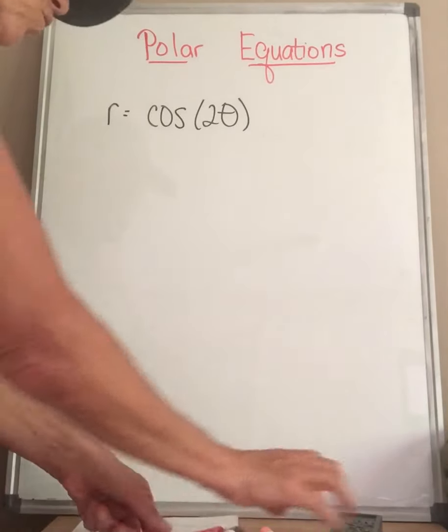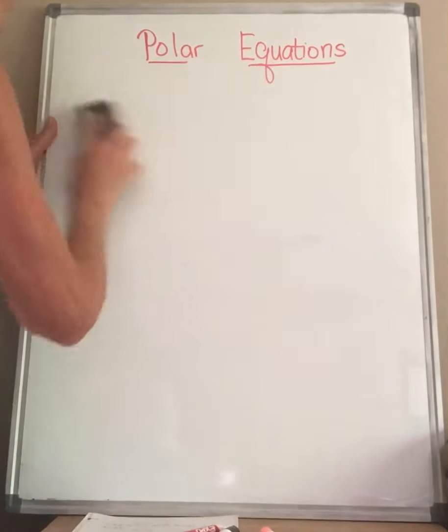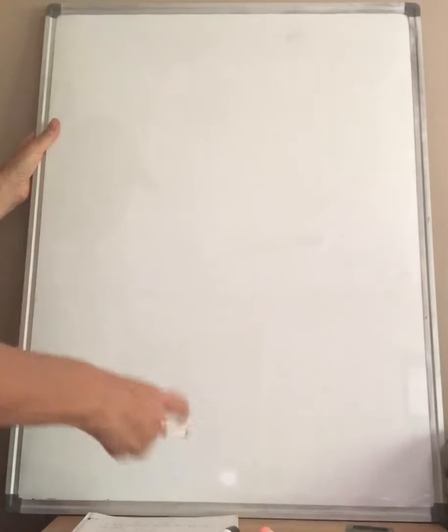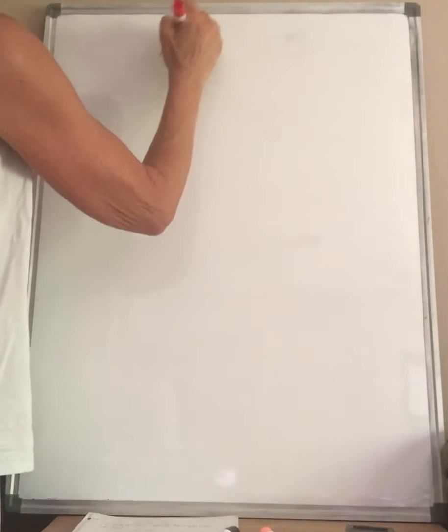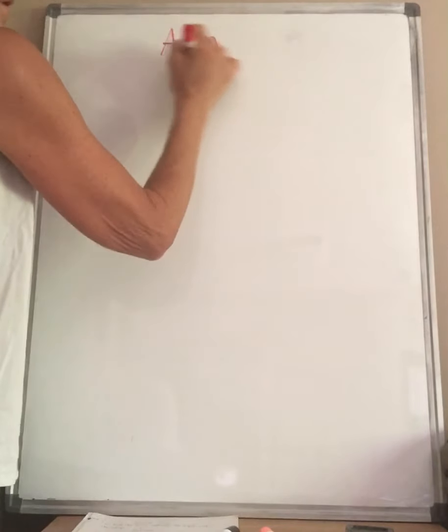One more thing that we're going to do with polar equations, and then we're done: finding area. Of course, we can find area for anything. There are two ways that we're going to do this, and it all depends on what I'm asking you.